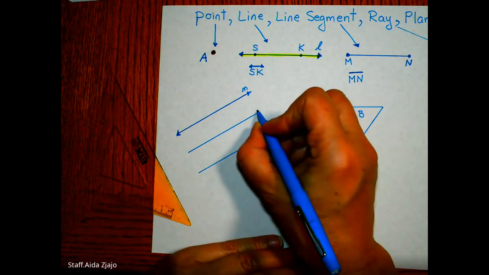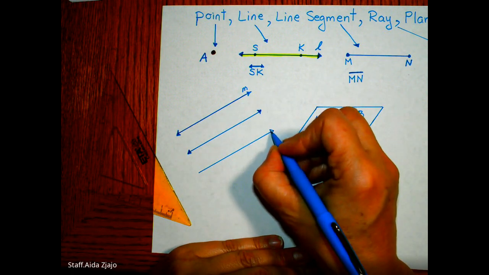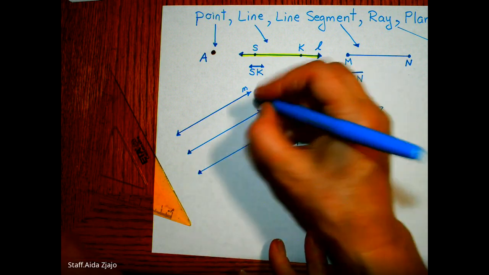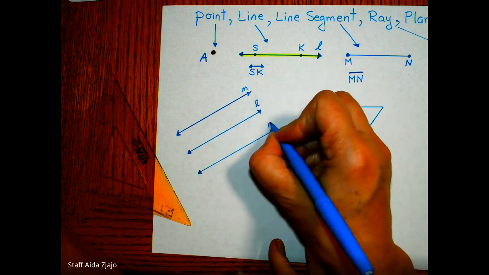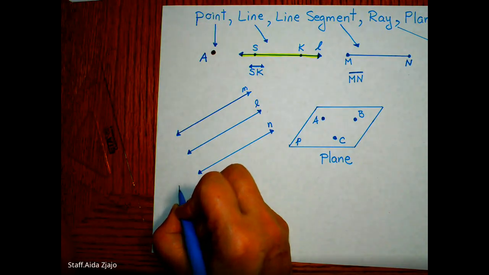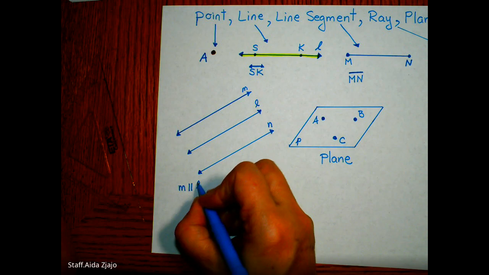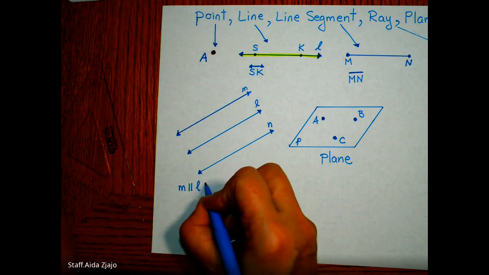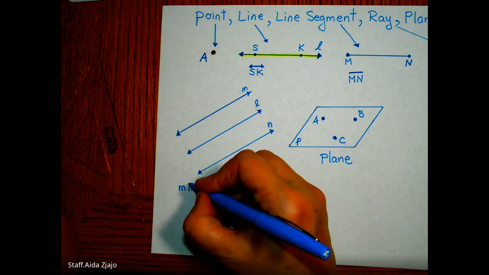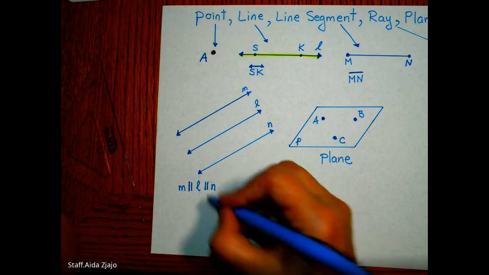So let's label them: M, L, N. We can say M is parallel to L, and L is parallel to N. We know these parallel symbols, two lines like an equal sign upside down, mean parallel lines.